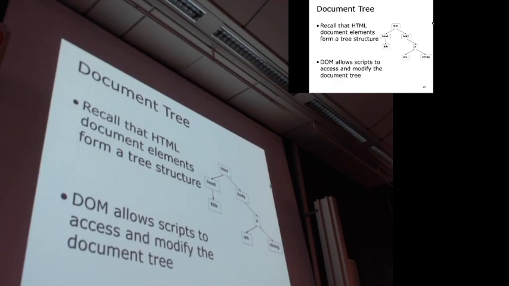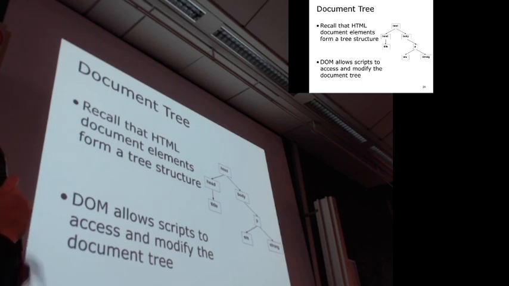Right, so again, if you work with the DOM in the assignment, try to have this tree-like picture of your HTML document in your head, because it makes a lot of the terminology much more logical.